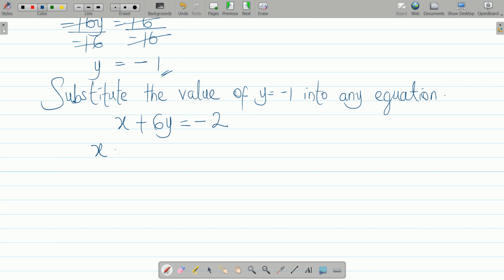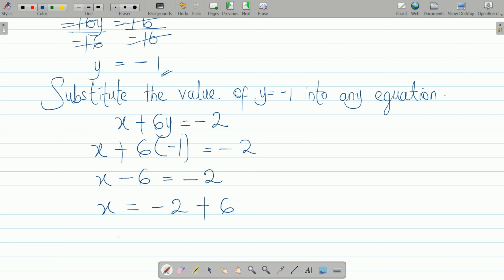Now I will substitute the value of y equals minus 1 into the expression. Six times minus 1 is minus 6. Collect like terms, separate the numbers from the x. Minus 2 plus 6 is plus 4.